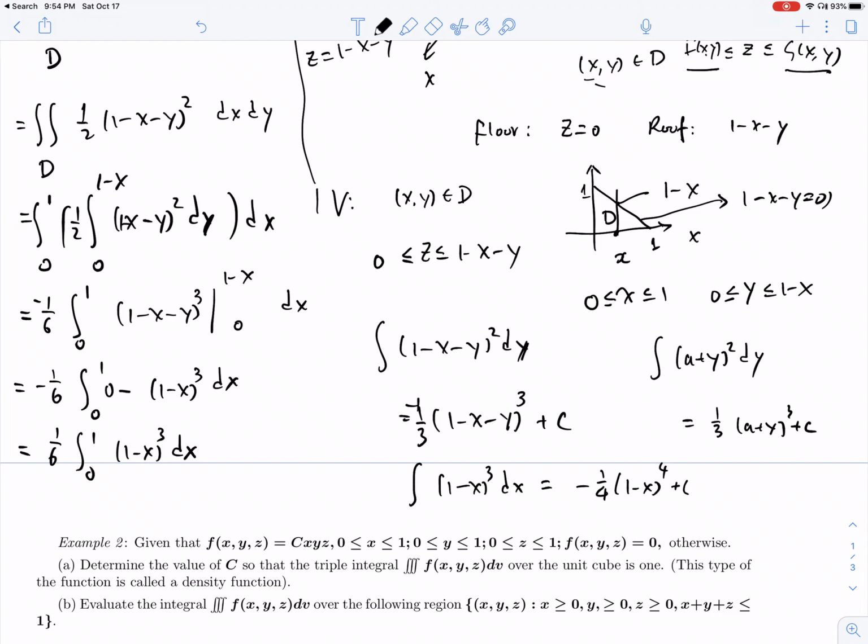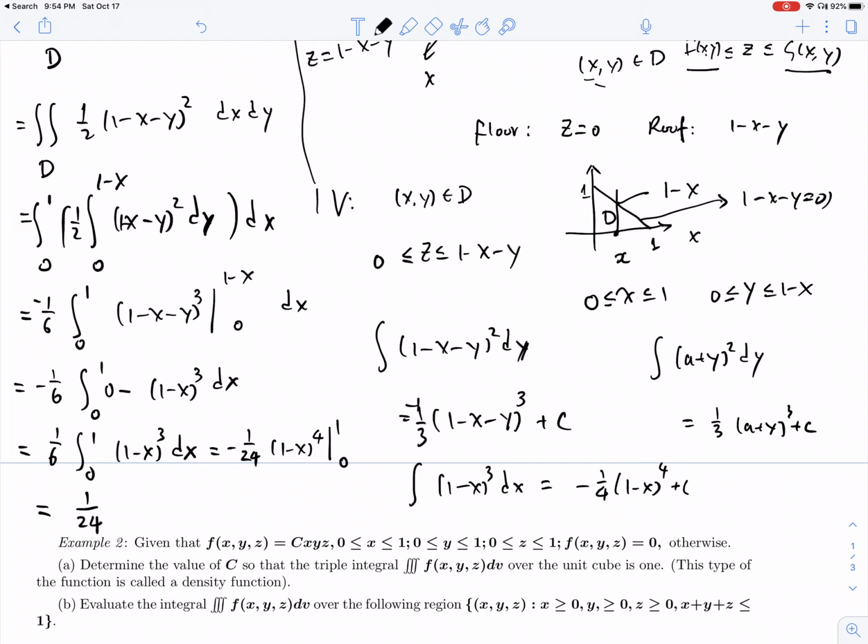So now we have negative 1/24, and then from 0 to 1, we have (1 - x)^4. And you can see it's pretty good. When x is 1, we get a 0. When x is 0, we get a 1. Negative becomes positive. So the answer is 1/24.